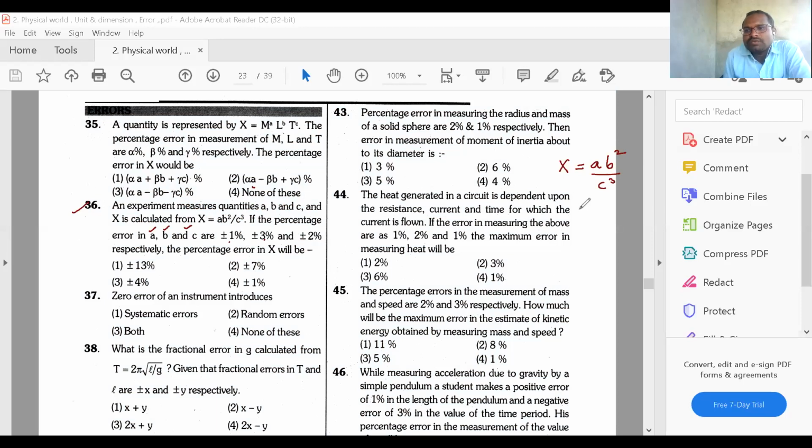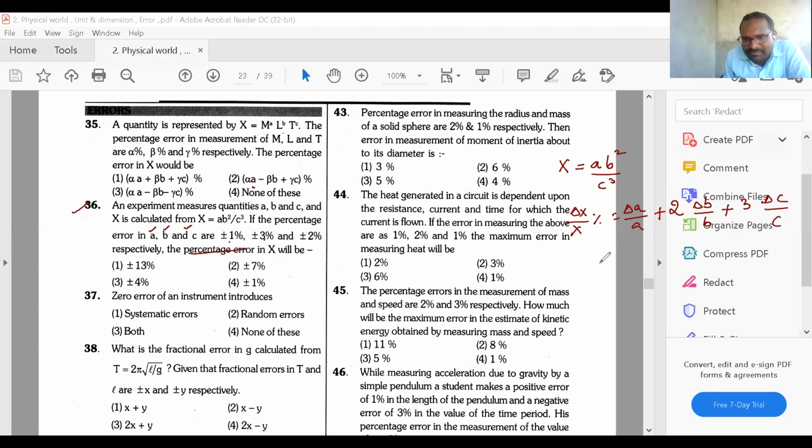According to the third rule, delta X by X percentage error is delta A by A, plus 2 times delta B by B since B power 2 is there, plus 3 times delta C by C since C power 3 is there.